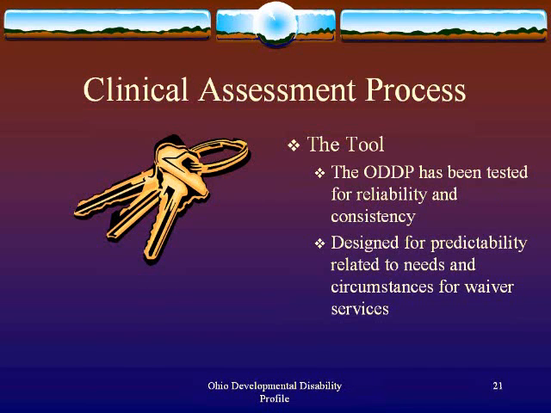The DDP tool has been tested for reliability and consistency, and it has been in use for several years. So we do know that people with similar needs do score the same on this tool. If someone does not have enough funding range to meet their assessed needs from the ISP, that is when we talk about prior auth.